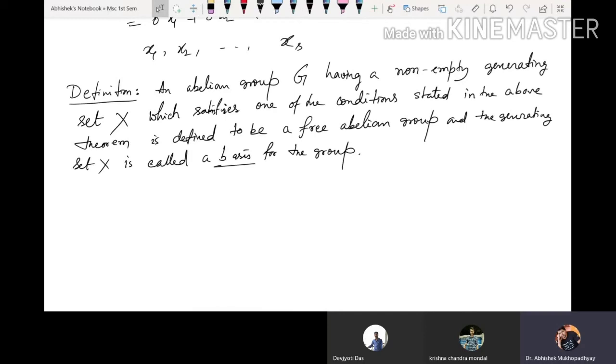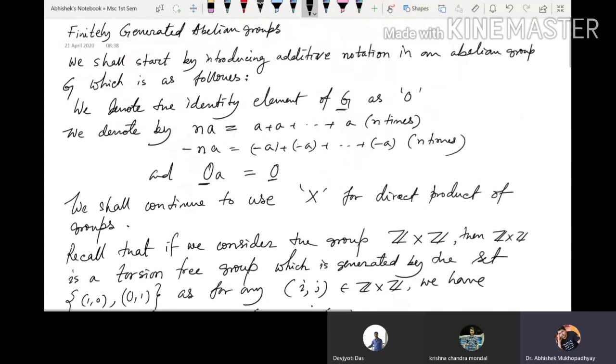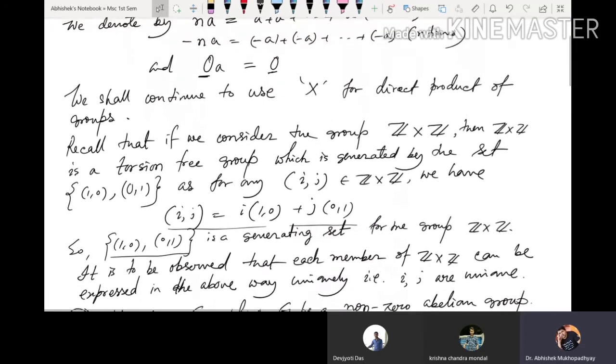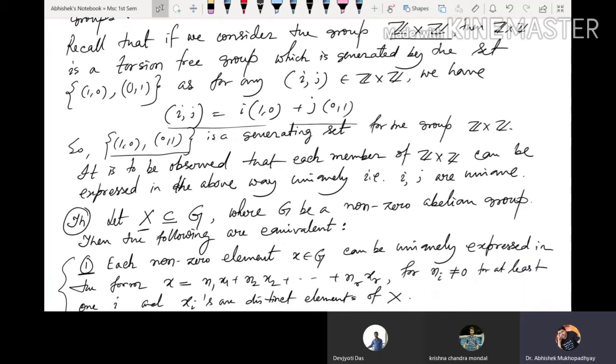Let us have a look at some examples. We have already encountered an example in our introductory session, this group Z cross Z. We have seen that this group is a torsion free group which is generated by the set (1,0), (0,1). Actually this set has a special property that the way we have expressed a member of Z cross Z is unique.